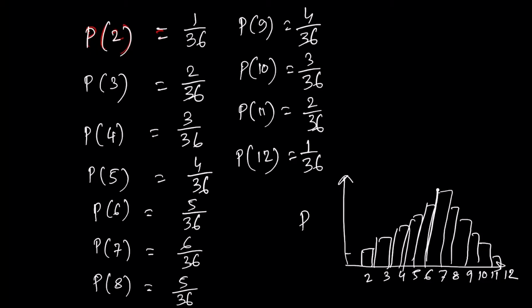I will just do this once more. For 7, having maximum probability, it will occur 6 times. So, 6 by 36 is 1 by 6, 0.167, it will be the maximum probability. It is symmetric around that.